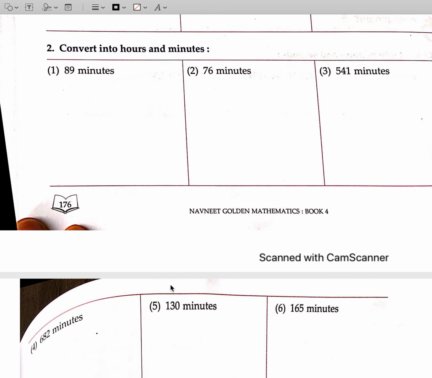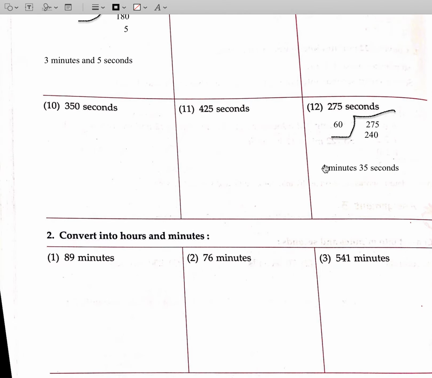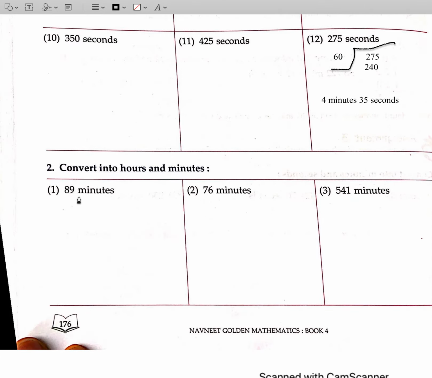Now we need to convert into hours and minutes. It's the same thing, except here instead of minutes we will write hours, and instead of seconds we have to write minutes. So here I'll just do 2 sums and the rest you can practice at home. So 89 and 60. So can we do this mentally?